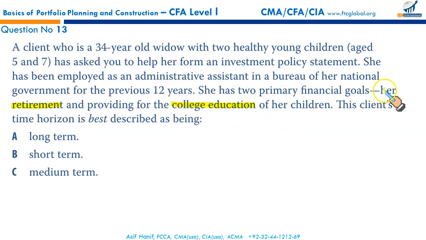This client's time horizon is best described as being long term. Sure, she's just 34 years old and she's worried about her retirement and of course the college education of her children who are just 5 and 7 years old now. So she clearly has a longer term time horizon.